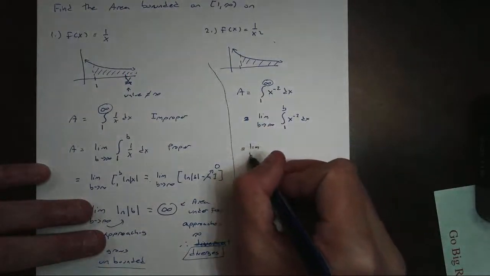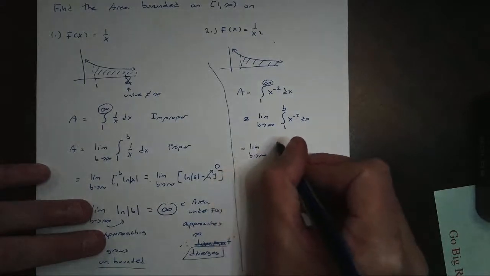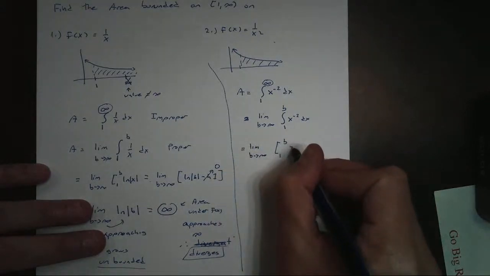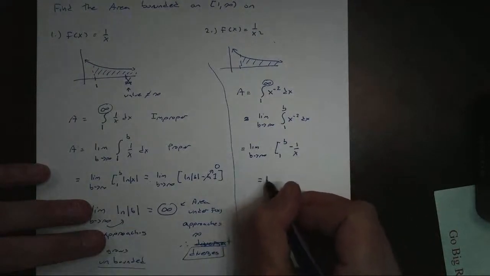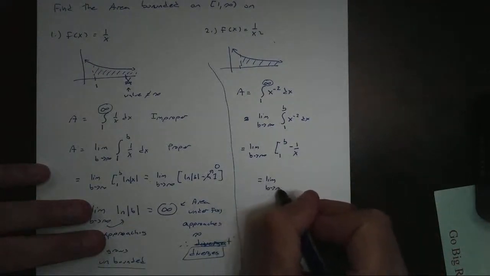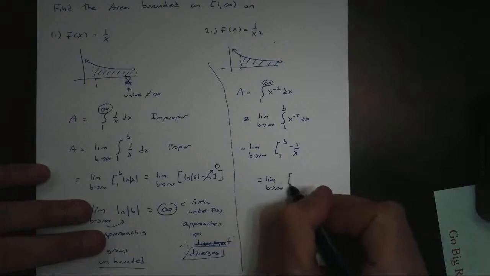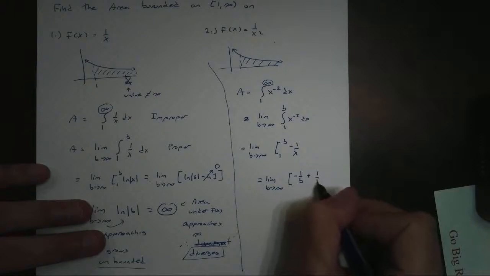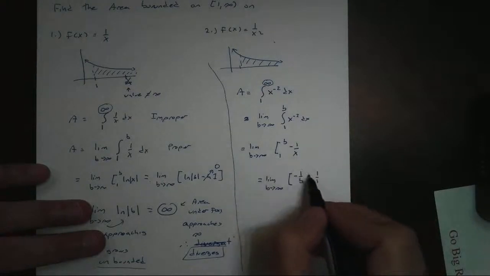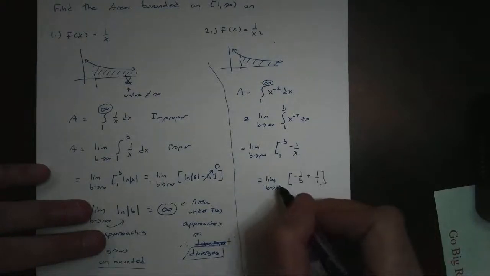Taking the antiderivative now, from 1 to b, we get negative 1 over x. And if we apply the FTC, the fundamental theorem of calculus, we get negative 1 over b plus 1 over 1. I'm subtracting, so it becomes a negative and a negative. And look what happens.